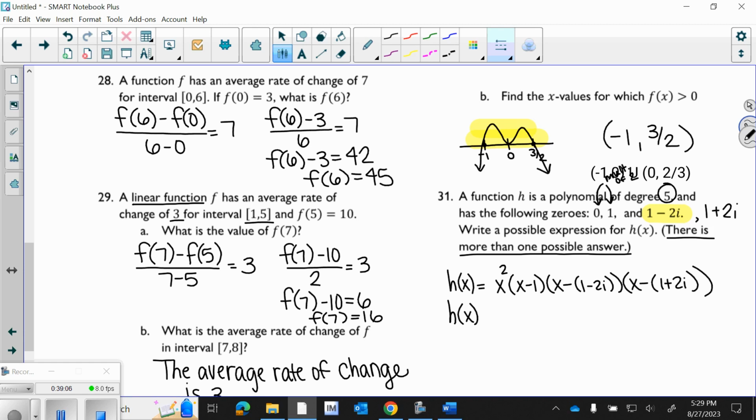Option number 2, instead of making the x squared, you could make the x minus 1 squared, and that would be correct as well. Since we are simply writing down a possible answer, there is more than one possible answer to consider.